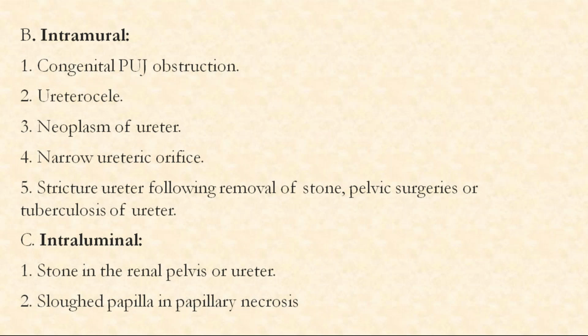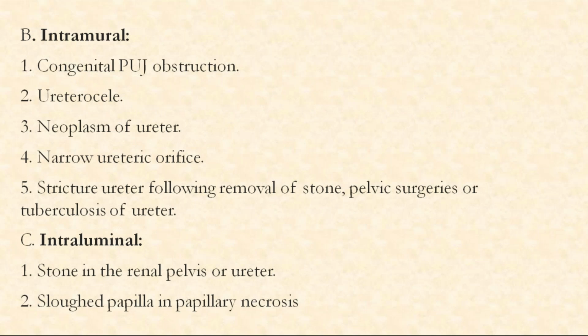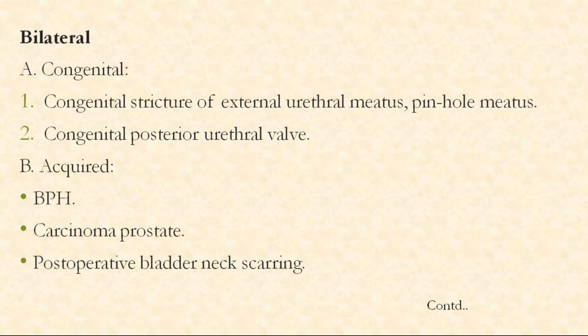They may be dislodged at the pelviureteric junction and cause hydronephrosis. It is intramural. Intraluminal: what are the causes? Intraluminal means within the lumen of the ureter or renal pelvis. Any stone or papilla may produce obstruction. So intramural, extramural and intraluminal are the etiological factors for the development of hydronephrosis.